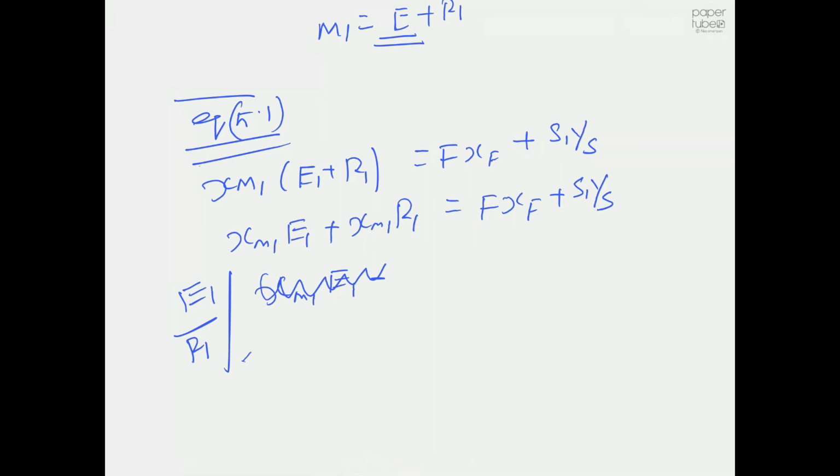I think I messed this up completely. I think let me do it again. We know from equation 2, sorry, we know this one like E1 y1 plus R1 x1, that should be equal to M1 xM1.